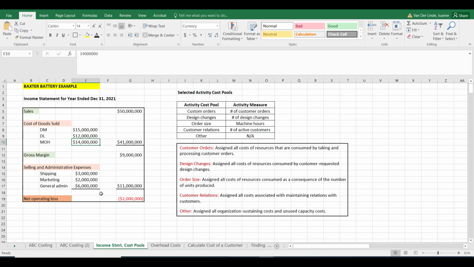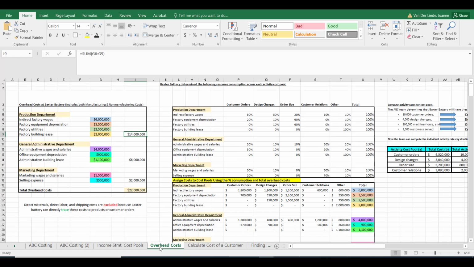But then they take this $6 million of general administrative and the $2 million of marketing costs, and they break those down into their component parts as well. So the $6 million of general administrative costs are broken down into the admin wages and salaries, office equipment depreciation, administrative building lease, and then lastly, that $2 million of marketing cost is broken down between marketing wages and salaries and selling expense.